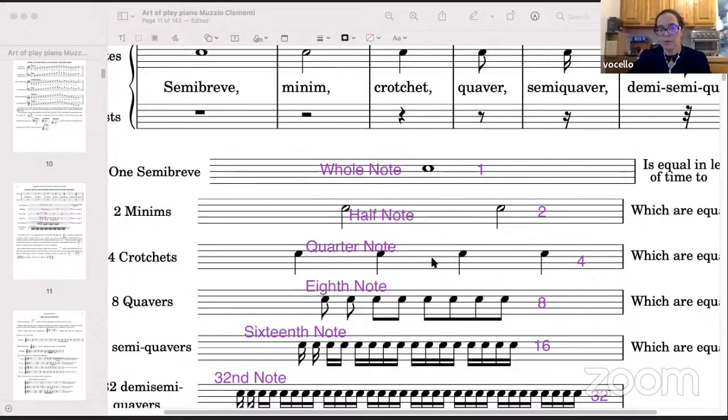In 2/4, that is forte and piano. Forte, piano, forte, piano, and so on.